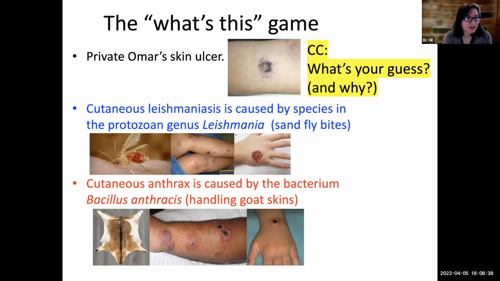So visual inspection. Okay, Emily, what is your guess and what is your logic? I think it's the goat skins, also based on how it looks. The actual wound is a darker color, and the goat skin ones have that darker center, so I think it looks more similar to that.